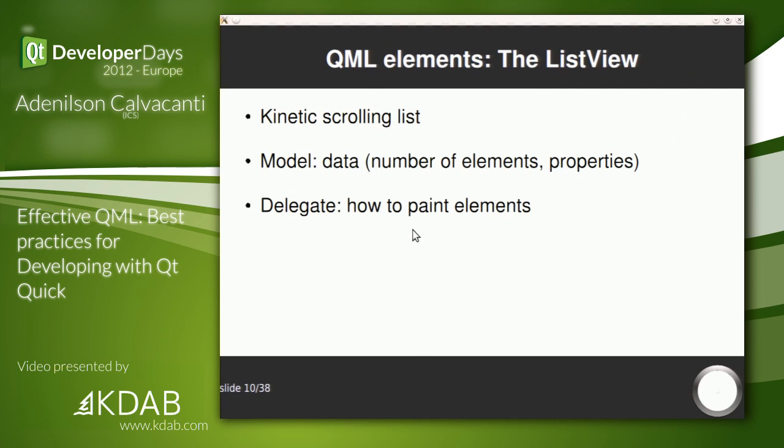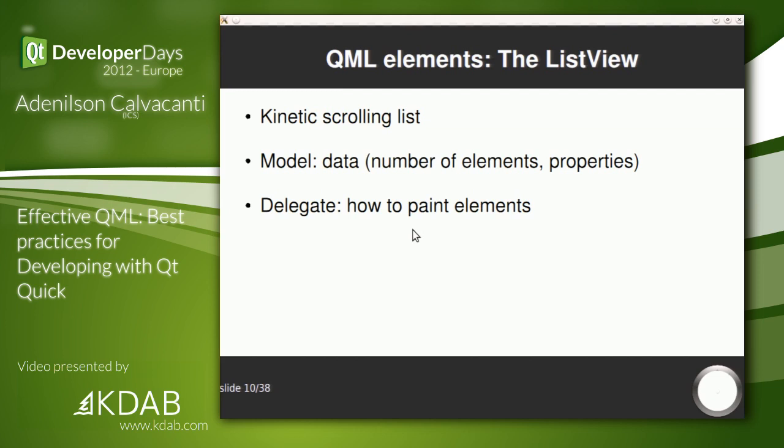All right, what about a kinetic scrolling list? You know, iPhones made the whole idea of kinetic scrolling really popular. What's good is that with QML, you get it for free. You don't need to code it in C++, think about timers or animations or friction or attenuation of speed and so on and so on.